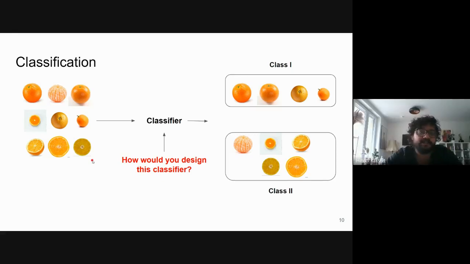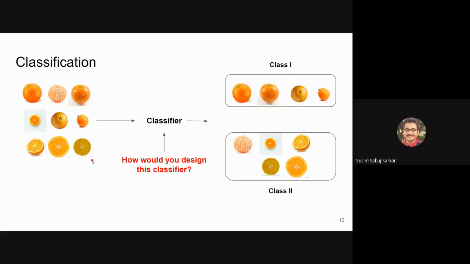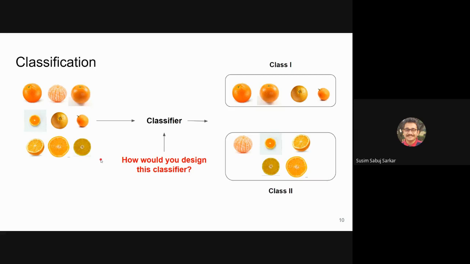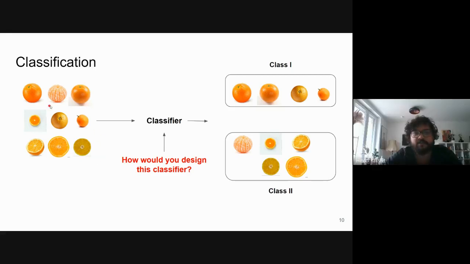Then you cannot classify it as a peeled orange. You will classify it as an orange with skin. What will be the case for the peeled orange? Only the peeled orange, which is not cut. Yeah, just wait for 2 minutes and we will get to this image, because it's there specifically to demonstrate this thing.